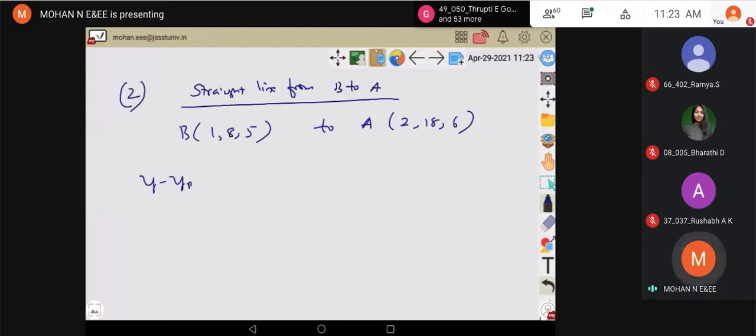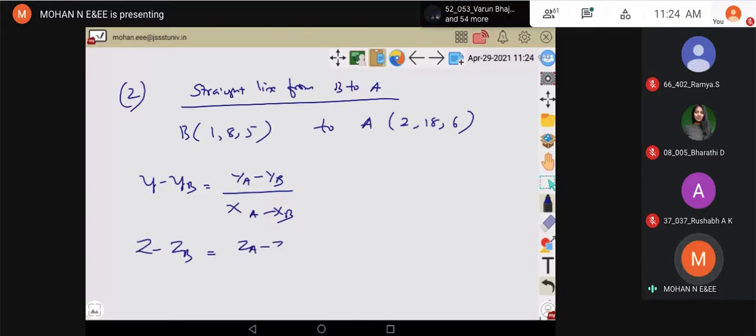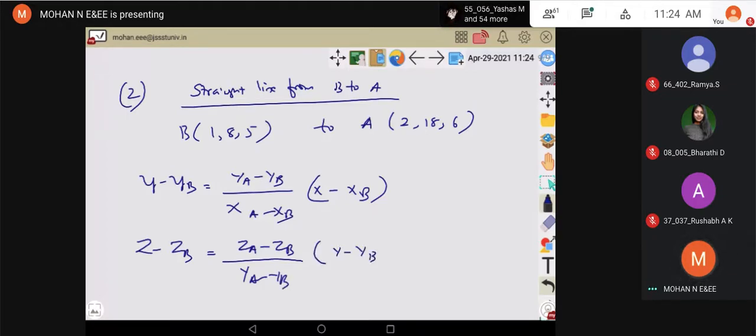So y minus yb is equal to ya minus yb by xa minus xb, and similarly z minus zb is equal to za minus zb by ya minus yb multiplied by y minus yb.